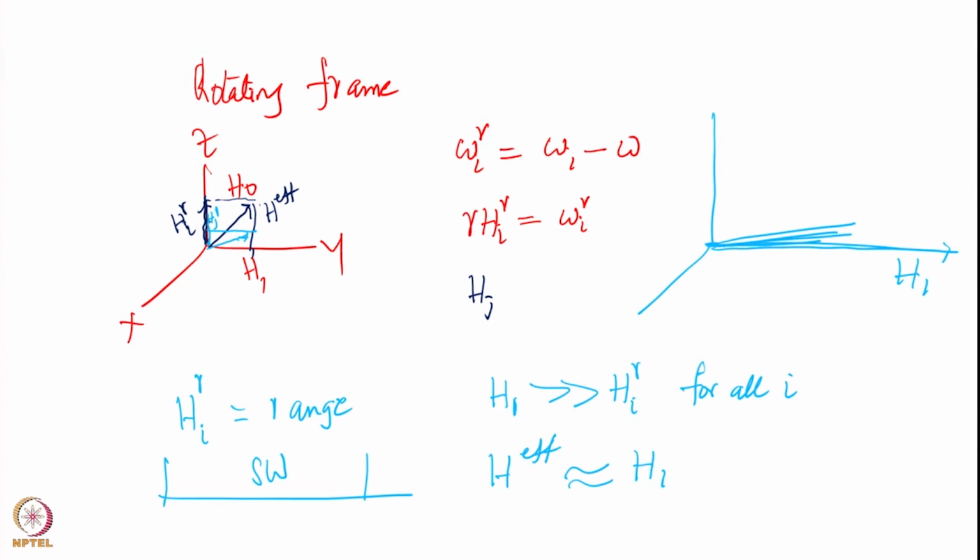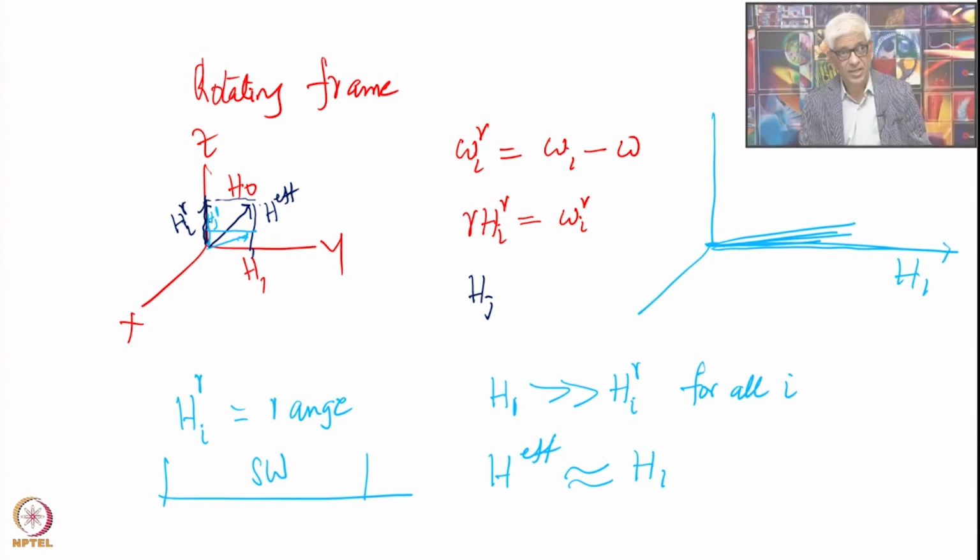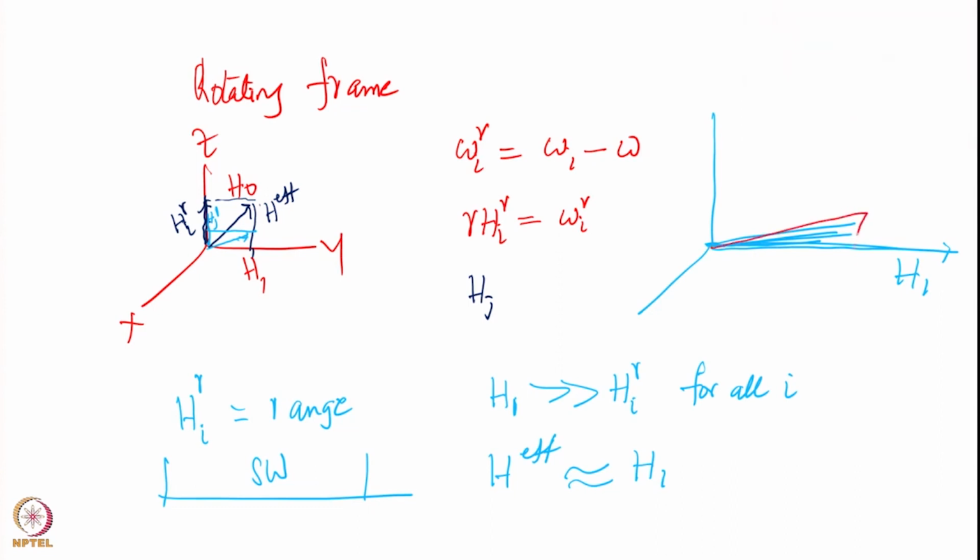So what is the consequence of this? The consequence is that the individual magnetizations will tend to align themselves with respect to H1, because that is the only magnetic field they see. Therefore the spins will have to be quantized along H1 and will start precessing around it. If I draw the individual magnetizations, the red is the magnetization, and it will have to orient itself with respect to this.